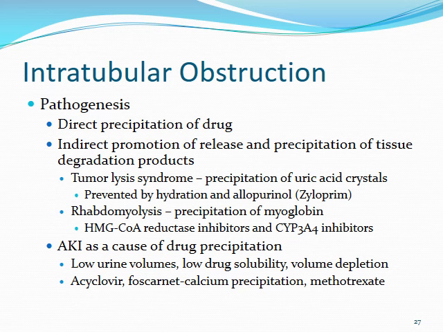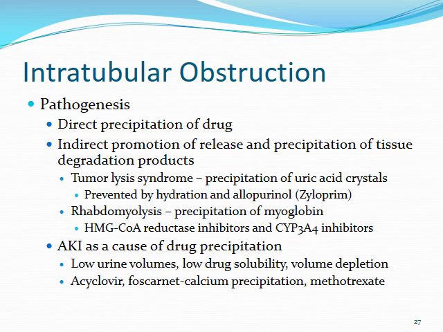So again, the pathogenesis is just going to be this direct precipitation of the drug, but in some cases you may have kind of an indirect promotion of release and precipitation of different tissue degradation products, which can lead to this obstruction. So it's not necessarily the drug that's precipitating out, but some of these cellular byproducts that are caused by medication.